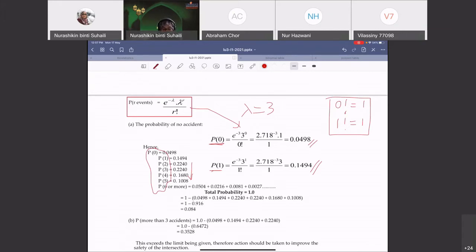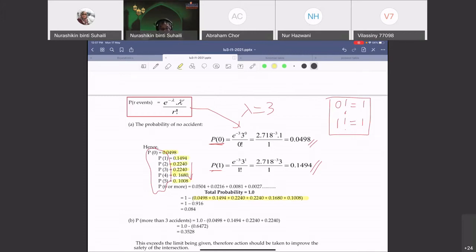So how do we find it? We subtract whatever is before 6, from 0 to 5, from 1. If you see here, the whole thing is referring to these values.